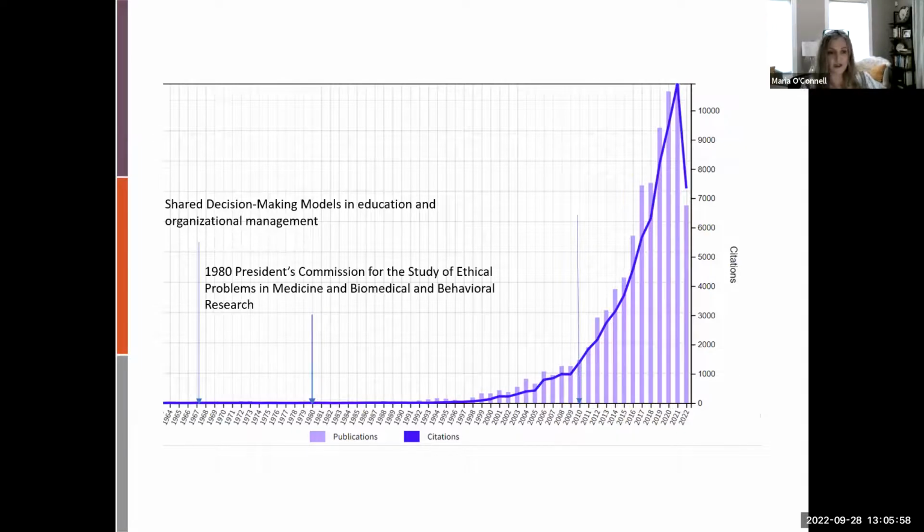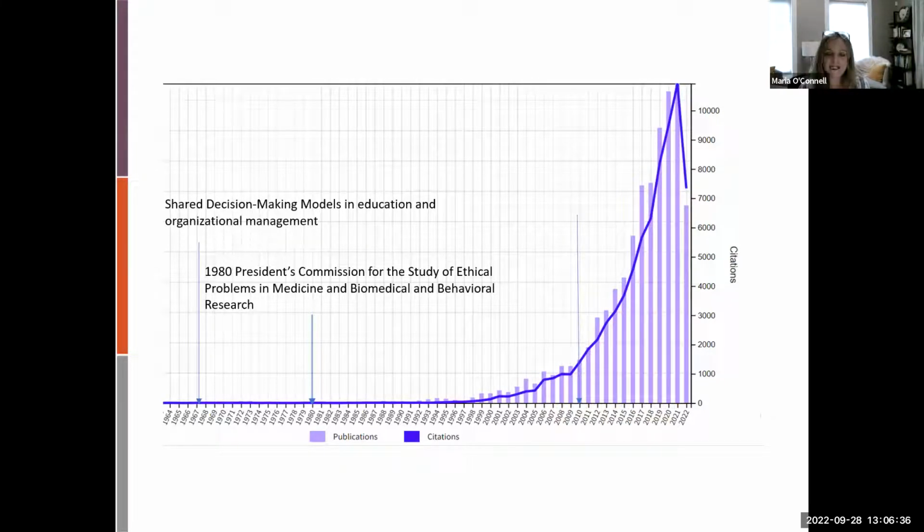When you look here, in 1980, President Carter commissioned a study of ethical problems in medicine and biomedical and behavioral research. One thing that happened just before that, that's not on here, was in 1975, I don't know if you'll remember the Karen Ann Quinlan case that had to do with a person's right to have dignity in death and to not have their life prolonged if it was inconsistent with their wishes.